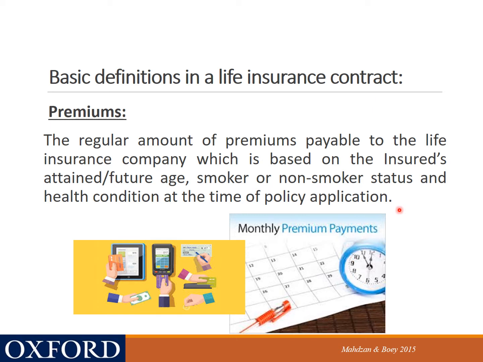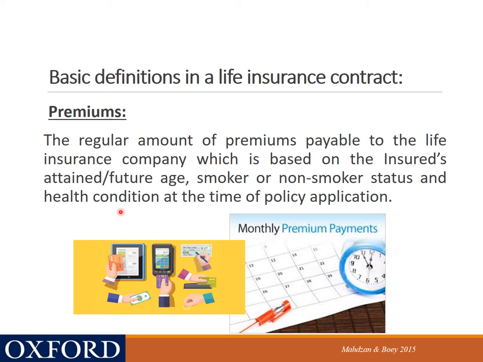So when a person wishes to purchase a life insurance policy, they would need to declare, and give proof of their age. So older people would have to pay a higher premium because the risk of mortality is higher, and they have to declare whether they are smoker or non-smoker. So smoker will have higher premiums to pay.